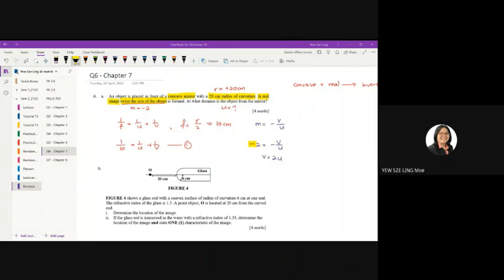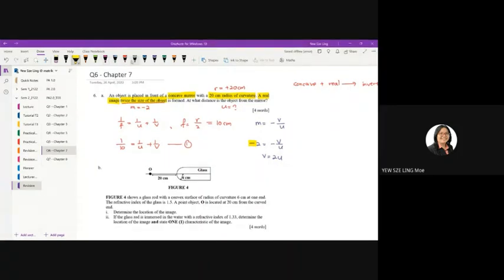That doesn't match the information given, because the information tells you that you have a real image. When you have a real image, V should be positive. So if you don't use M equals -2 and you rearrange the equation, you are going to get V equals -2U, which gives you a virtual image. So this is wrong. This is wrong.